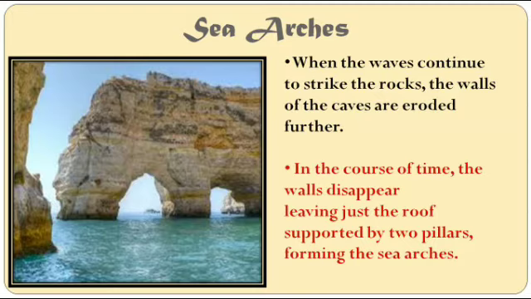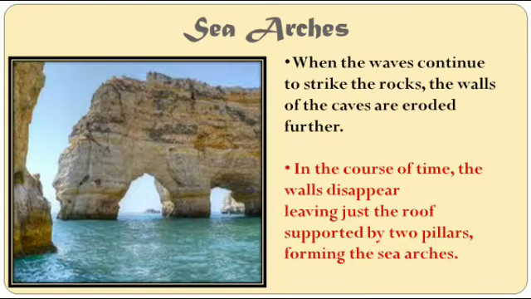The rock which fell down is eroded and taken away from one place to another with the waves of the water. In the course of time, the walls disappear, leaving just the roof supported by two pillars, forming the sea arches. So this is how we can see the sea arches.